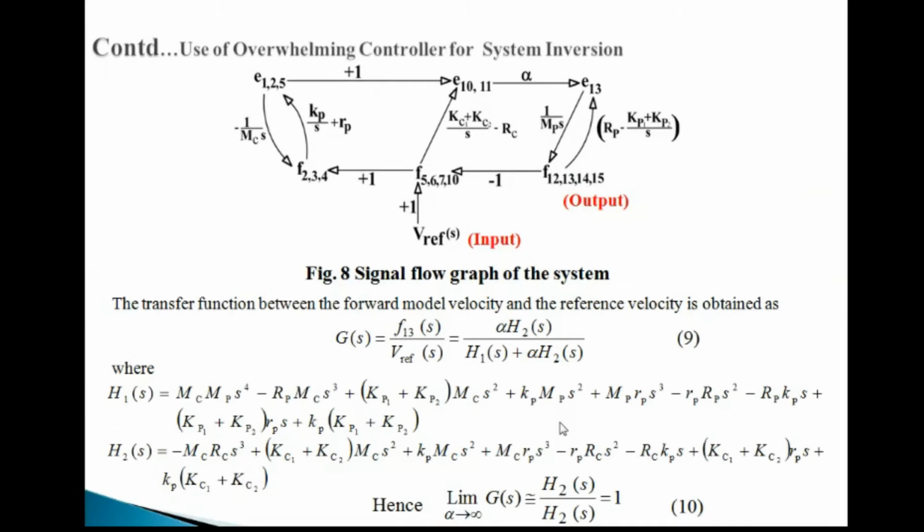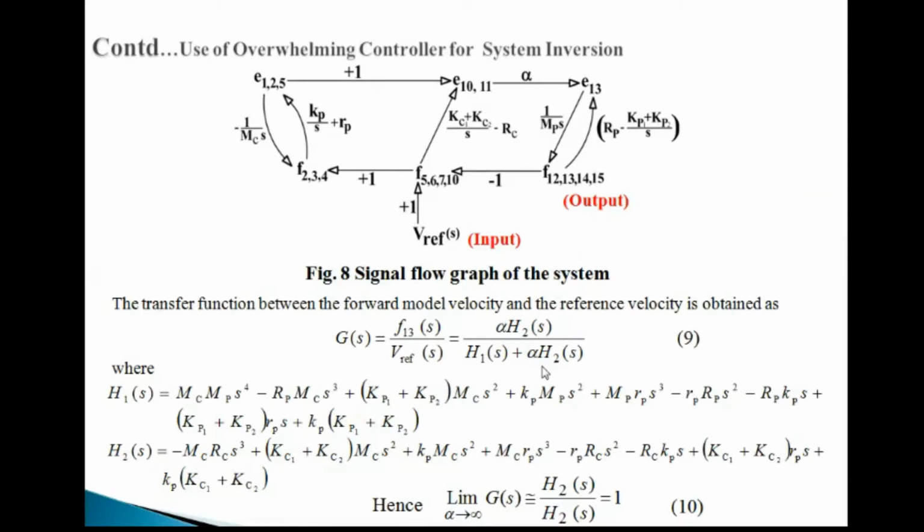Now I have developed a signal flow graph of the system, where this is the input velocity given as V reference, and this is the output coming. So the gain, or I can say the transfer function between the reference velocity and the forward model velocity, is given by equation number 9.